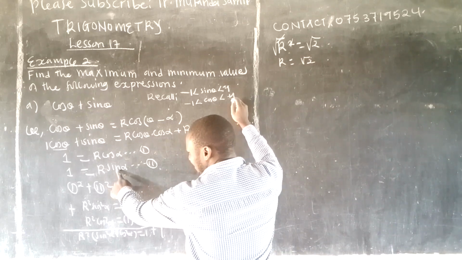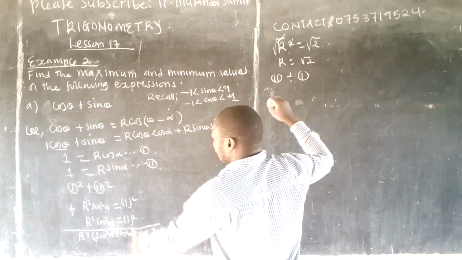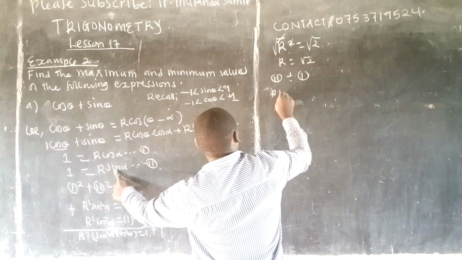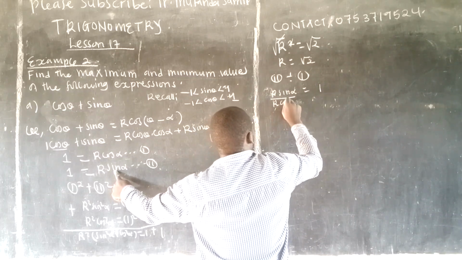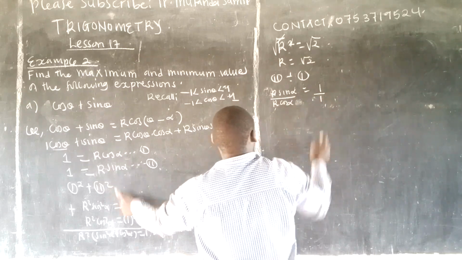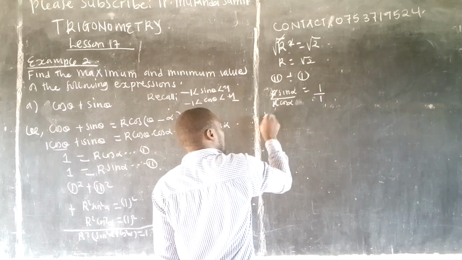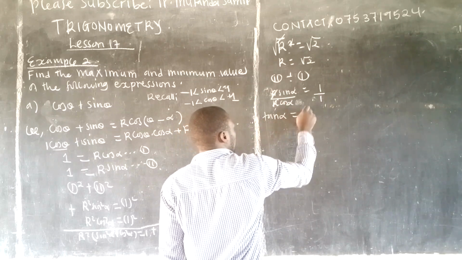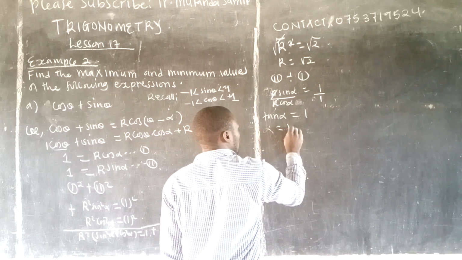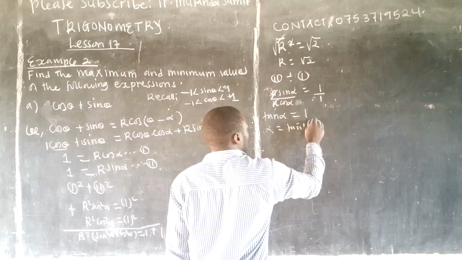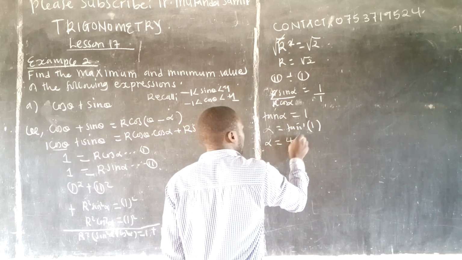To create tan, the sine must be on top. So we shall say equation 2 divided by equation 1: R sine alpha is equal to 1, divided by R cos alpha is also equal to 1. The R cancels away, so we shall have tan alpha is equal to 1. And then you say alpha is equal to tan inverse of 1. So now our alpha will be tan inverse of 1, which is just 45.